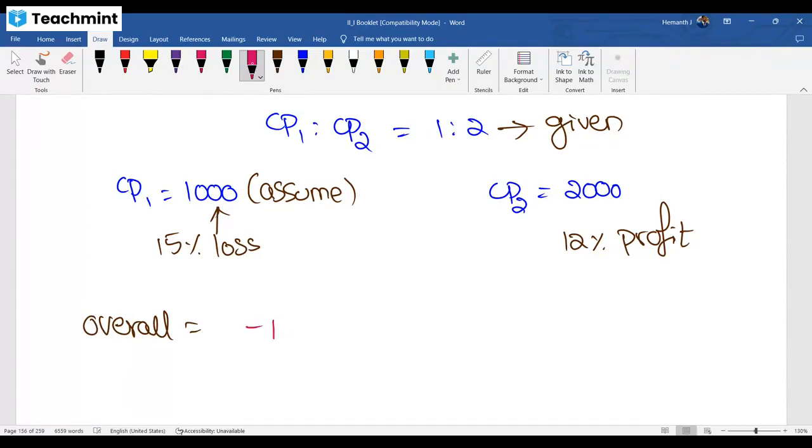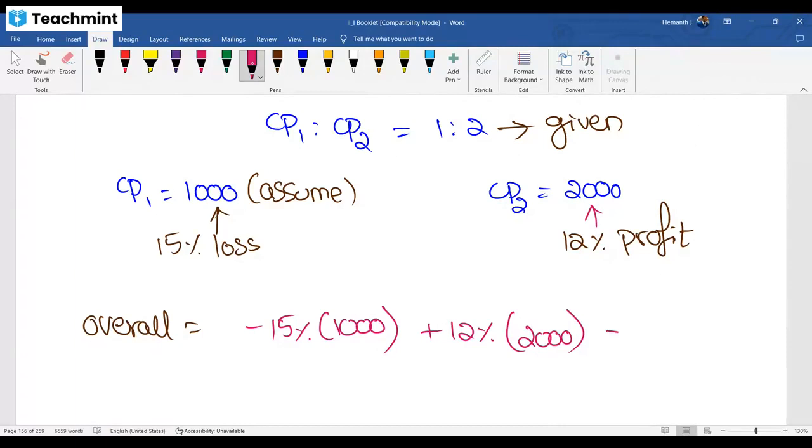I'm putting minus. Why minus? Loss. Second one, profit. Profit is also calculated on CP. So what is the profit? 12% of 2000. I'm putting plus. Profit and loss is calculated on CP. This is the meaning.